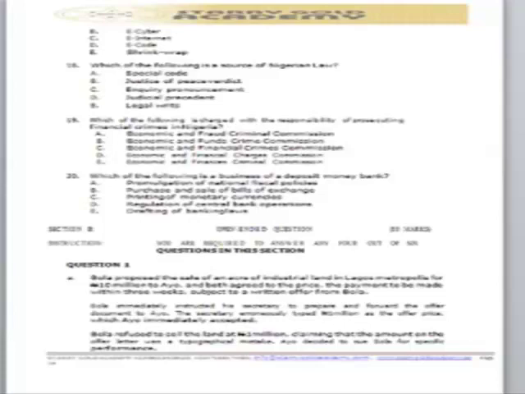Bola refused to sell the land at 1 million naira, claiming that the amount on the offer letter was a typo. It was an error, a mistake. And Ayo decided to sue Bola for specific performance.